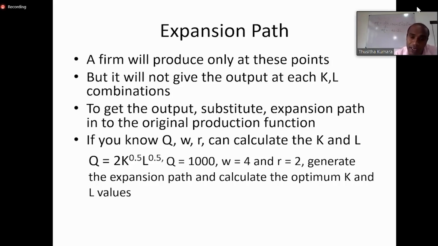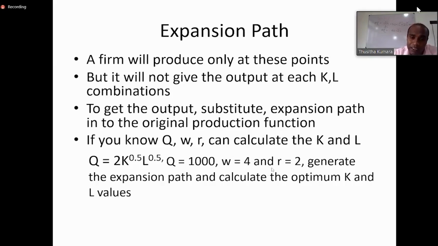How can we do that? First, we have to get the expansion path. To get the expansion path, we need MPL and MPK, which are not given directly, but we can derive them using the production function. And W and R are given. So we solve that, then we get the expansion path.